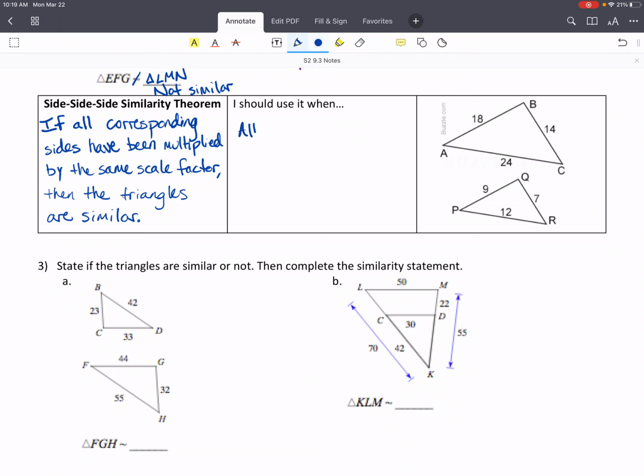So you should use this one when all side lengths of the triangles are labeled.